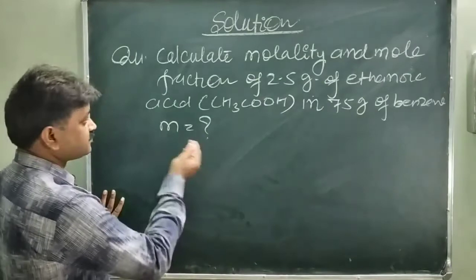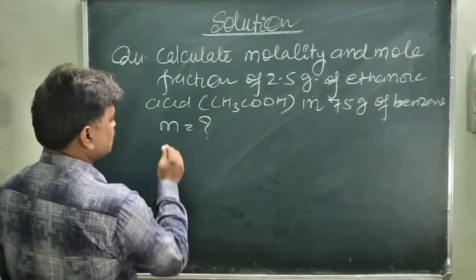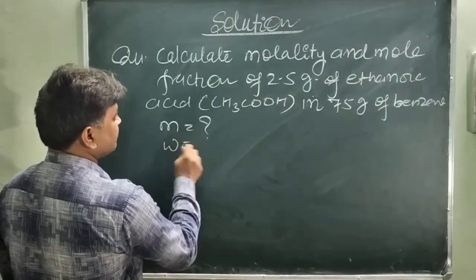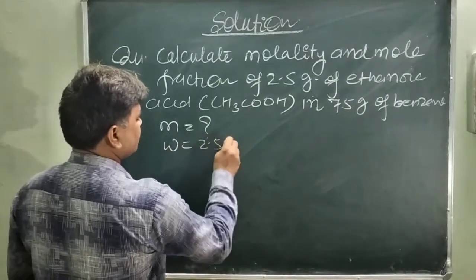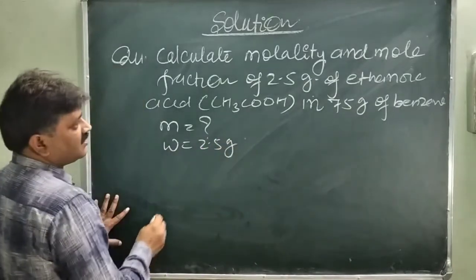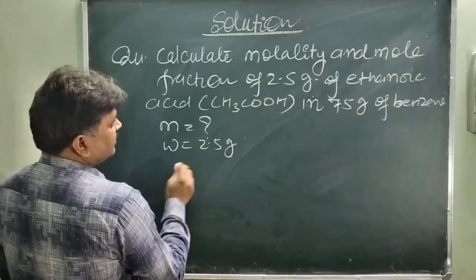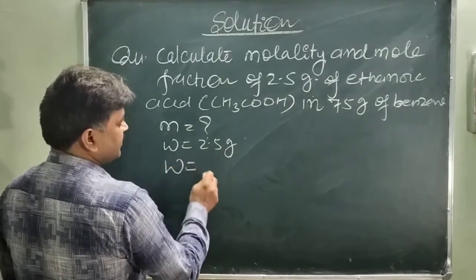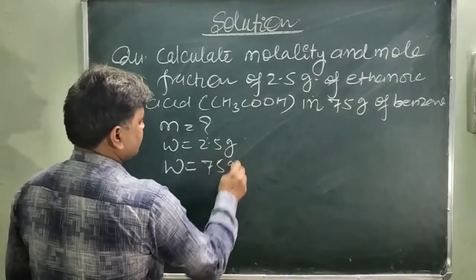So the given weight of the solute, you can write, small w is equal to 2.5 gram, and capital W, the weight of solvent, is 75 gram.